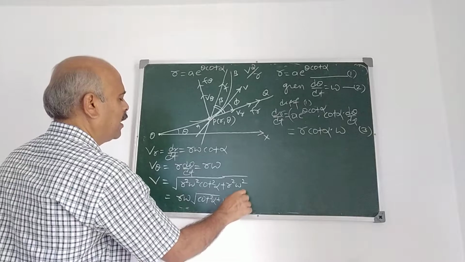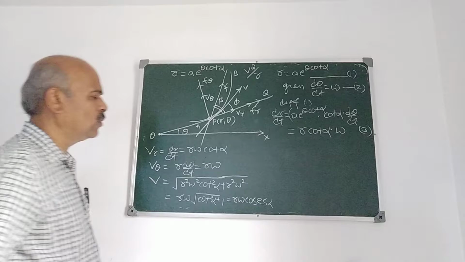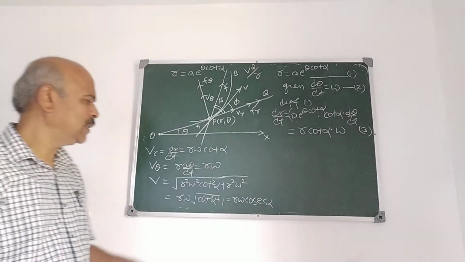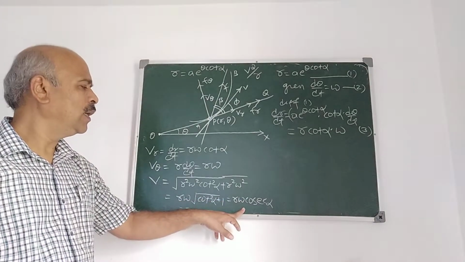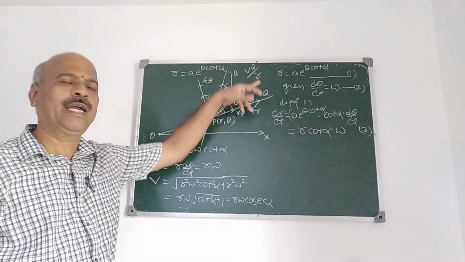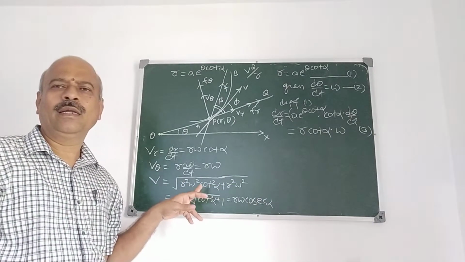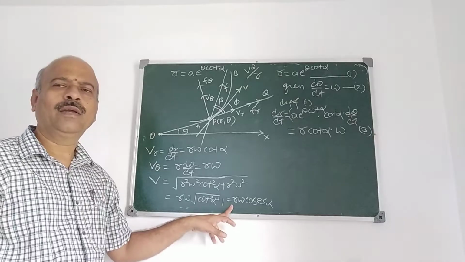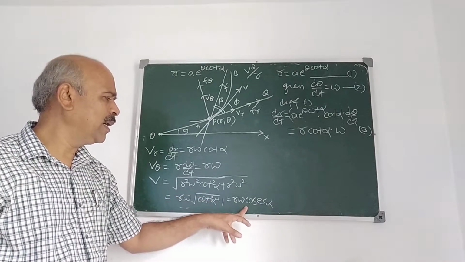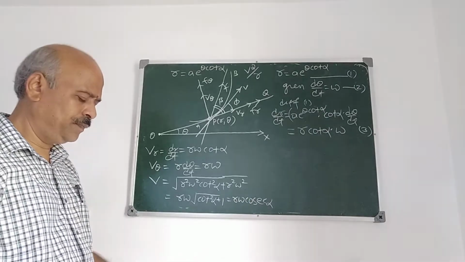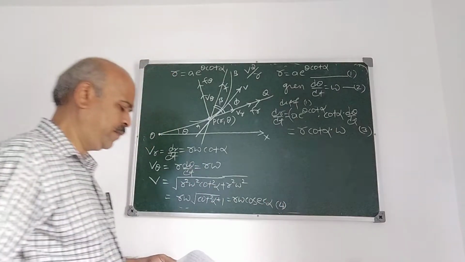It is r omega cosec alpha, since 1 plus cot square is cosec square. Because we have to prove that f is v square by r, this v is important. V is the speed of the particle, or the magnitude of the velocity. So v is r omega cosec alpha.